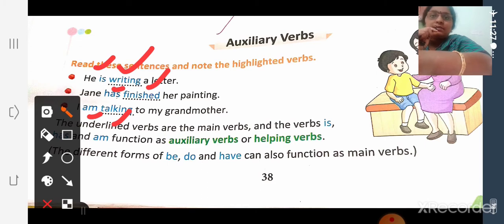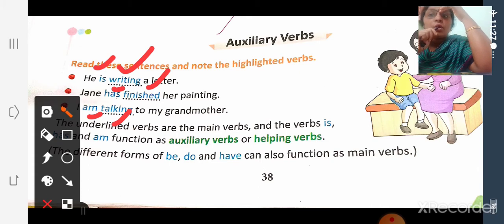So is is an auxiliary verb because it is used to help the main verb writing. Jane has finished her painting. Here finished is the main verb and has is the auxiliary verb because it came just before the main verb, and also it is used to help the main verb.